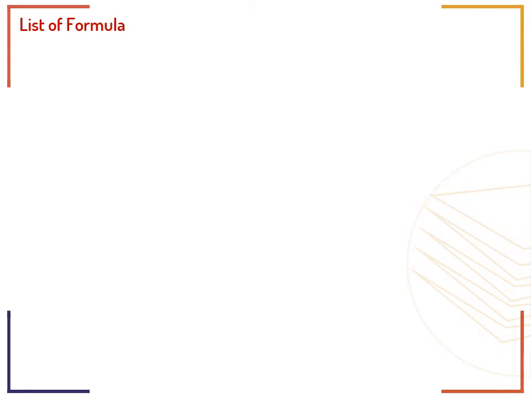Firstly, let's get familiar with the formulas used in this topic. The formula to calculate original balance is cash price minus down payment.